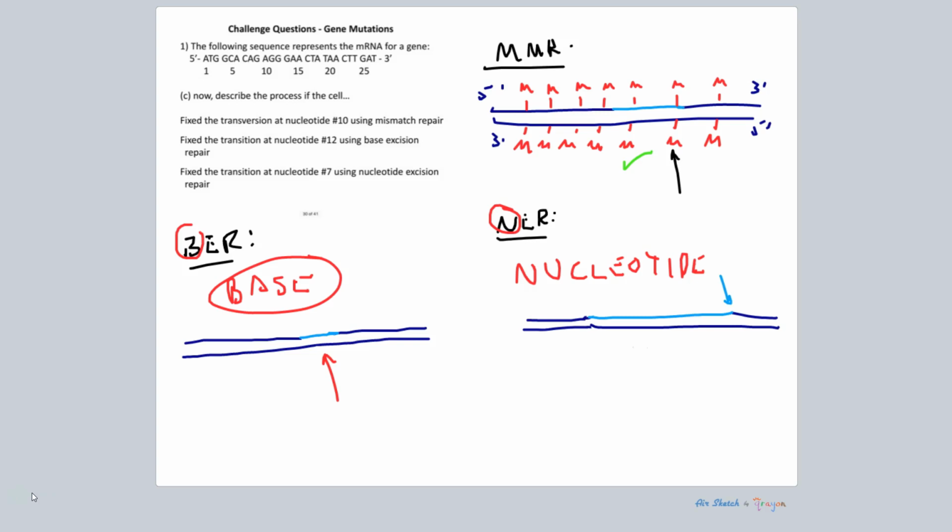You just remove the single base that's offending, the single base that's mutated. And the bigger word is for the bigger repair. This is when we remove multiple bases at once and put down a whole long strand of DNA. So that's how I keep them apart. Hopefully that works for you. And that's our quick tutorial on the different DNA repair mechanisms.